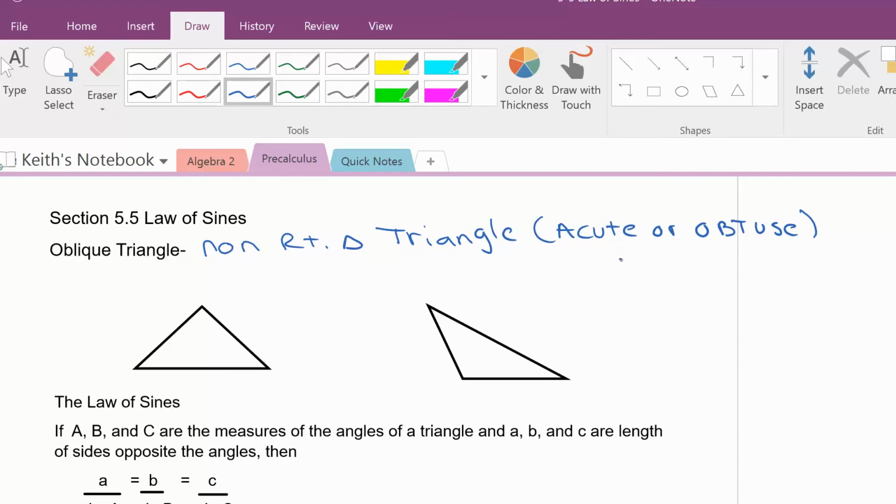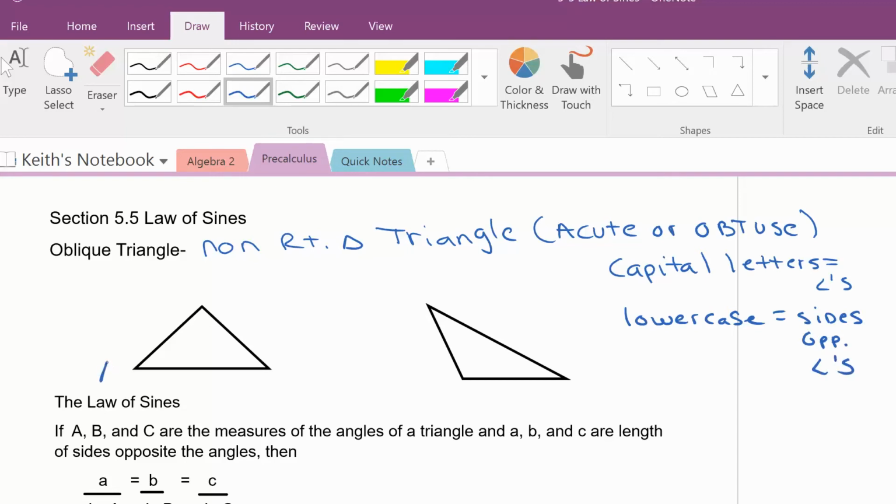And remember, the capital letters stand for the angles, and the lowercase letters equal the sides opposite the angles.